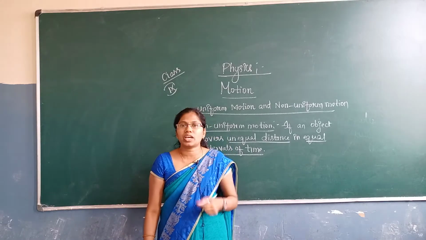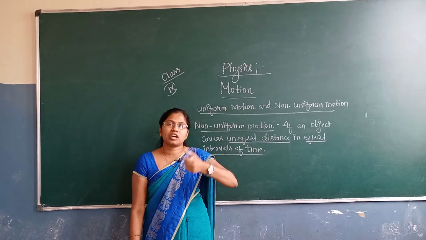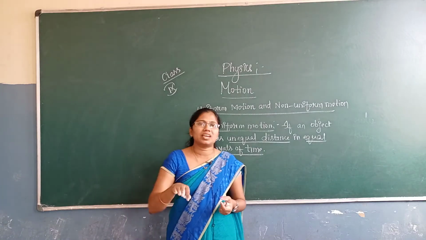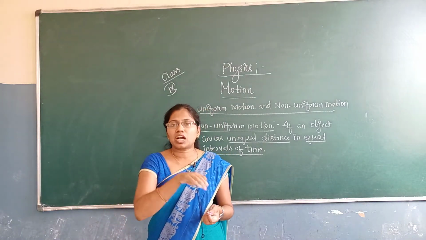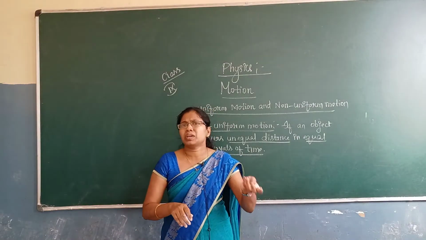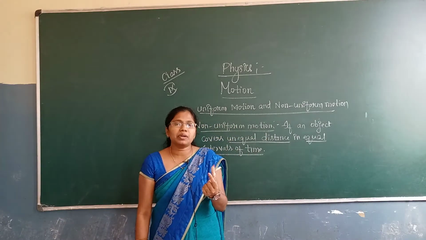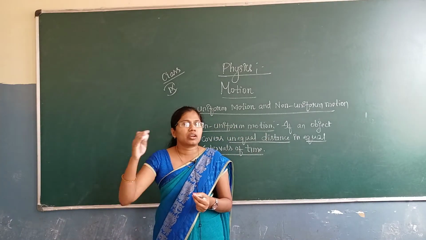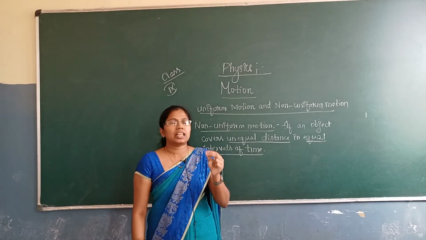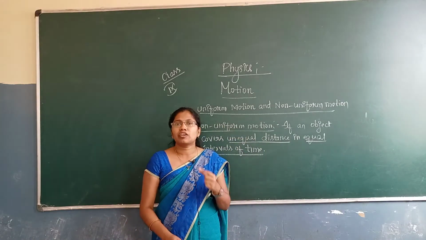In our day-to-day life we follow non-uniform motion. For example, if you are moving in a crowded street, or if a car is moving in a crowded street, this will be an example of non-uniform motion. Remember that we cannot move in uniform motion every time in our day-to-day life, so we follow non-uniform motion.